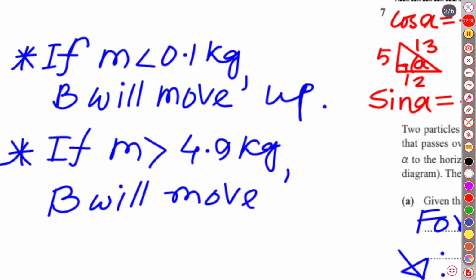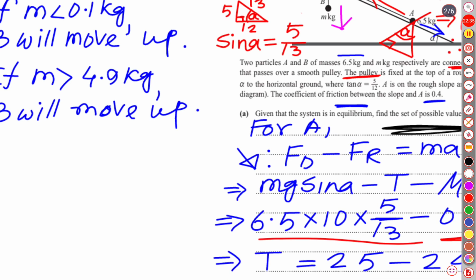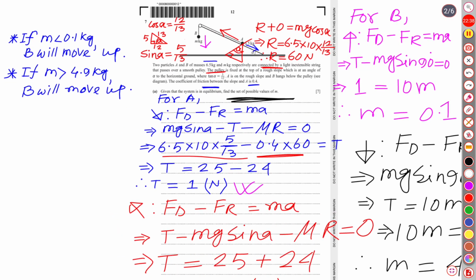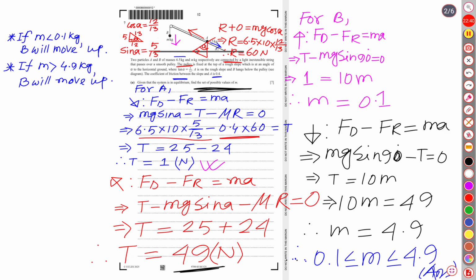So this is actually the twist of the question. The answer can be written that the mass of particle B ranges from 0.1 until 4.9 kg for being in equilibrium. But what does it actually mean? It means if the mass of particle B is less than 0.1 kg, then it will move up.